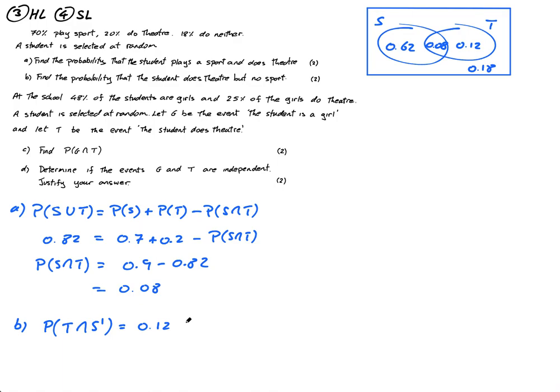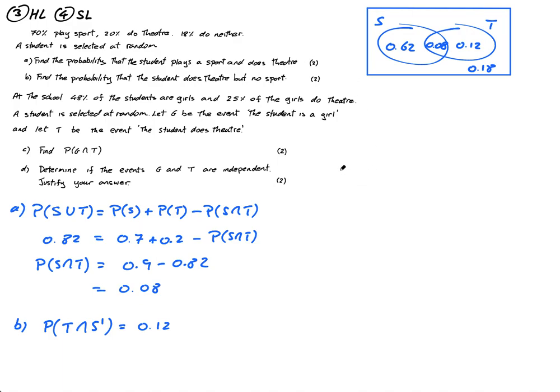Right. What I want to do here is draw a tree diagram, because we're going to be going into consecutive events. I'm going to see the probability that it's a girl and then the probability that they do theatre. So we're going to start here.